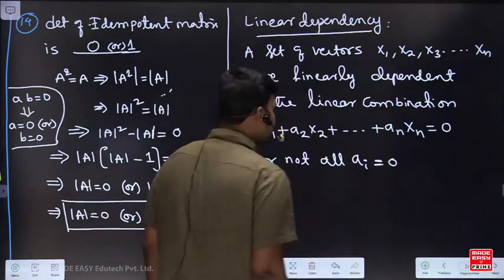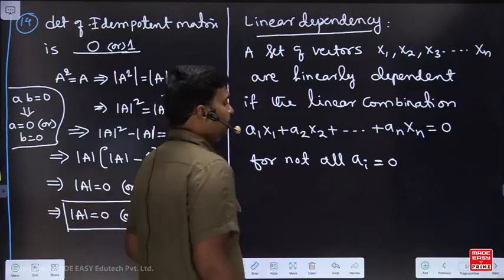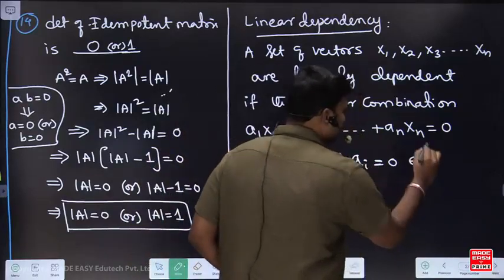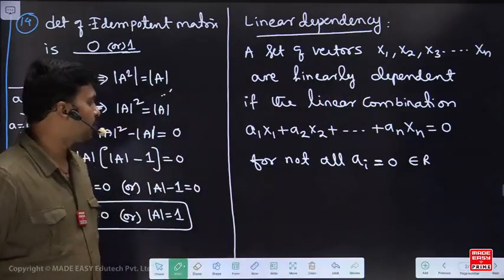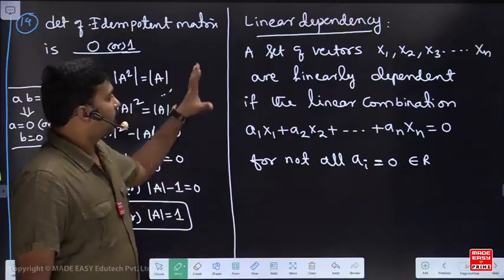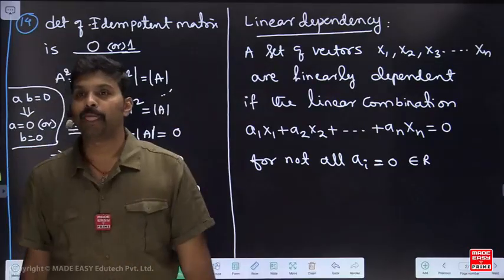Not all ai is equal to 0, where ai belongs to real numbers, belongs to R here. Yes beta, this is the definition, beta, right?